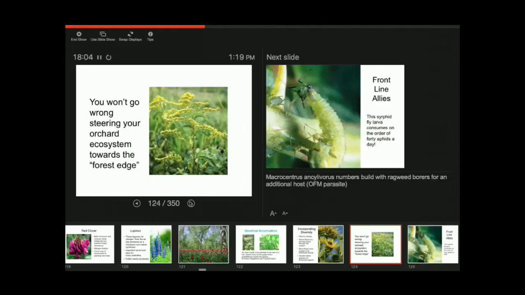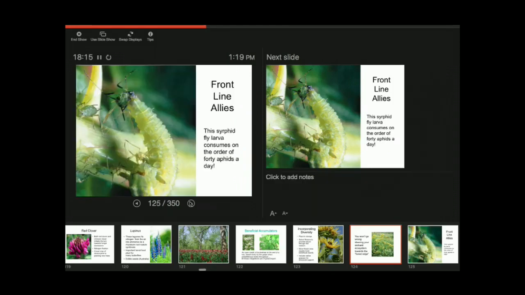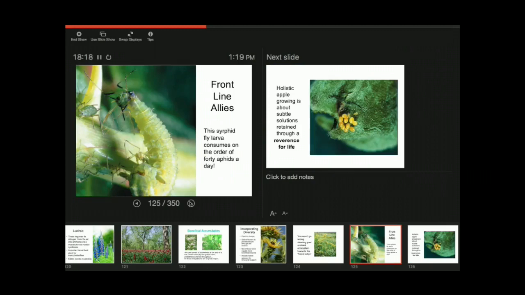But basically, you're just steering things towards that orchard edge. What do you find on the edge of the orchard? The more you create diversity, the more you're going to see out there happening in terms of wonders like this. This is that syrphid fly larva. The syrphid fly is a golden fly. It has two wings.